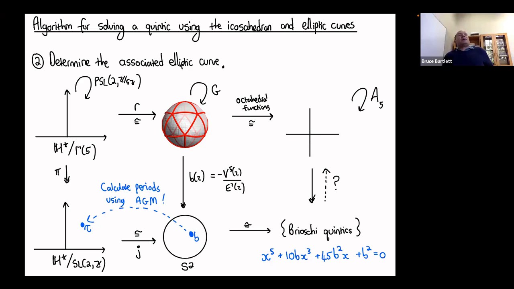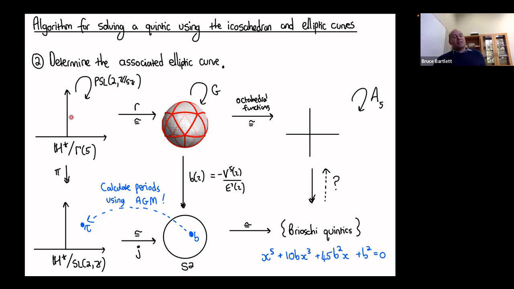There's a very nice algorithm due to Gauss originally called the arithmetic-geometric mean. Although that was normally just done in certain cases, so I have to do it in a more general case now. That was only done recently by Cremona in 2010 and his PhD student. Anyway, the point is you can very quickly calculate the parameter tau from b using the complex version of the arithmetic-geometric mean. So this is an efficient process.